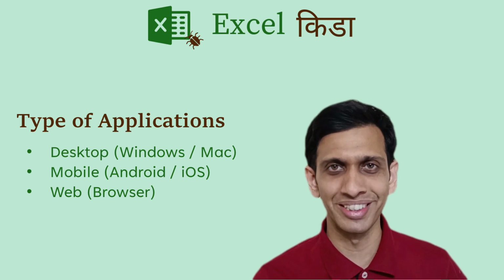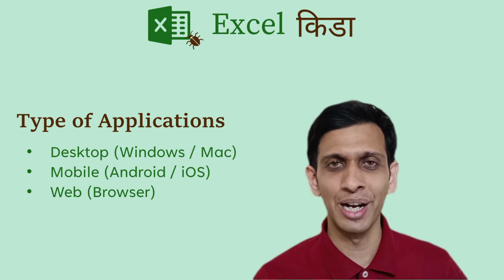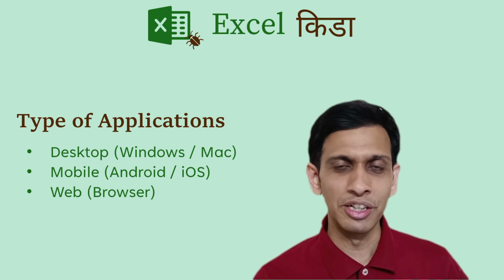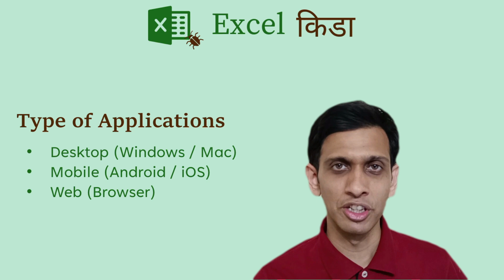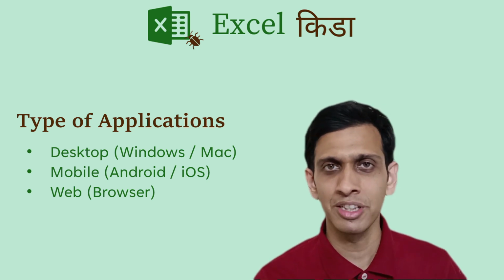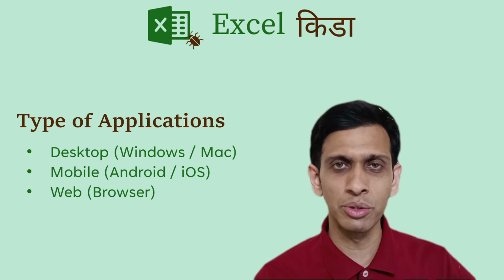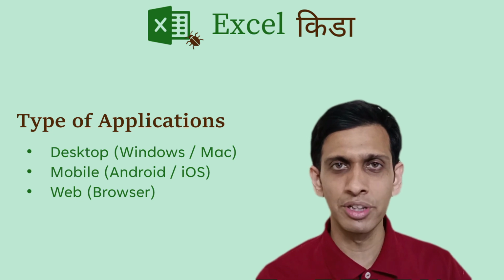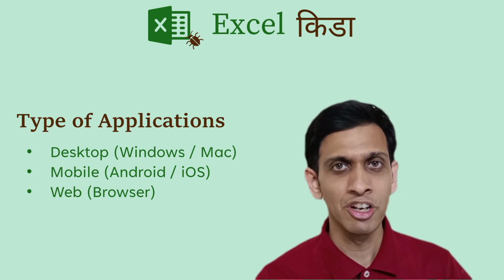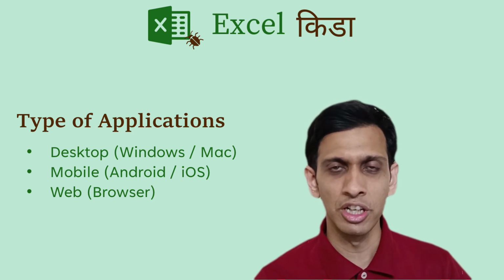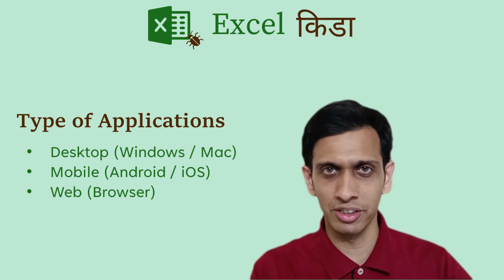Now one question remains unanswered. I know you have that question. Which is the free and paid version of Excel? So the desktop based Excel is paid, and mobile and web based or browser based are free. You need to sign up for an Office 365 account, and then you would get 5 GB of storage for free, and you can link that account in your mobile based Excel and enjoy Excel there.